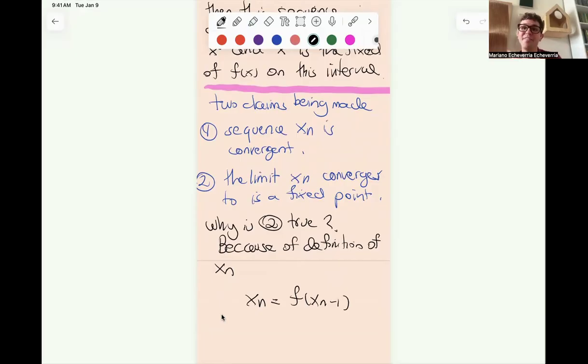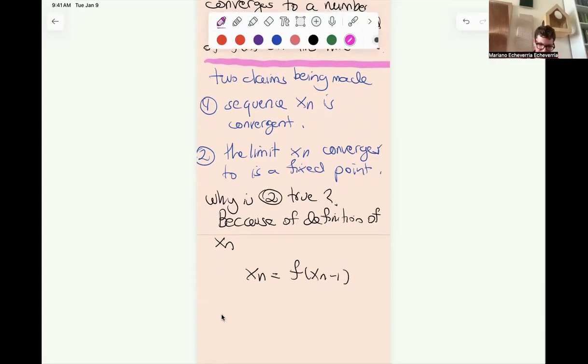Once you have that, if you know that the sequence converges, which I'm assuming for the moment, you can then just take limits on both sides of the equation. You take the limit as n goes to infinity of x_n. That would have to be the same as the limit as n goes to infinity of f of x_(n-1).